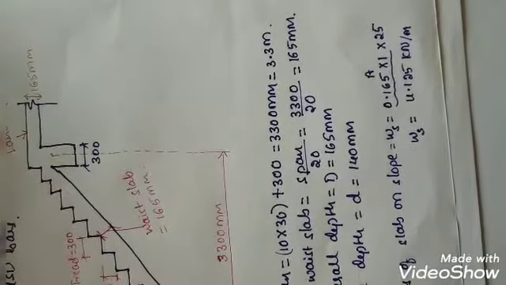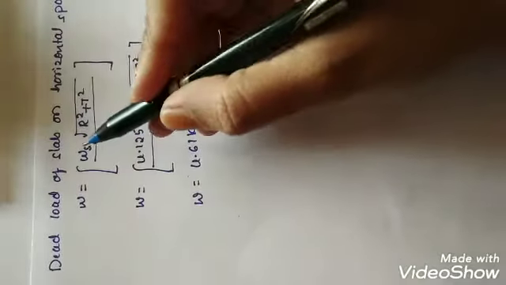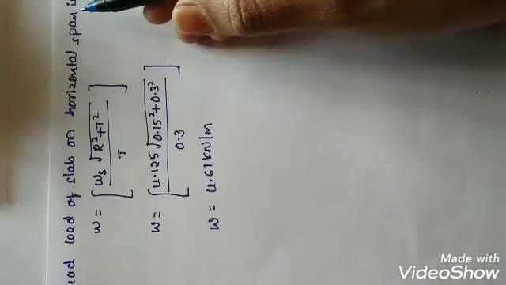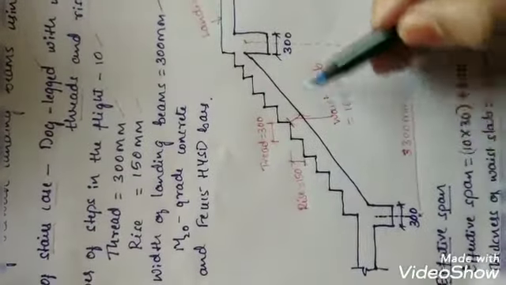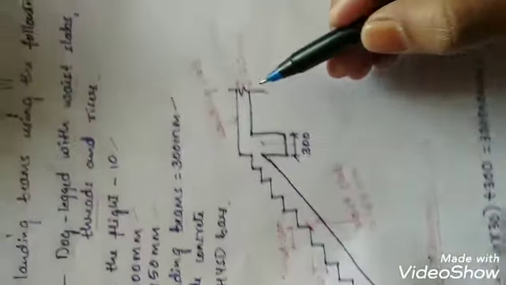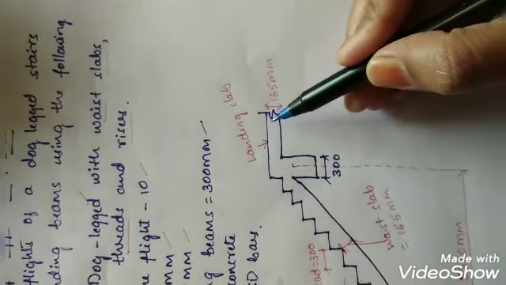And next, similarly, we need to calculate the dead load of slab on the horizontal span. Initially we calculated the dead load for the slope. Just see this one: for this slope, we have calculated how much dead load is acted on by the slab. Next I need to calculate, for this horizontal span, how much dead load there is for the slab.